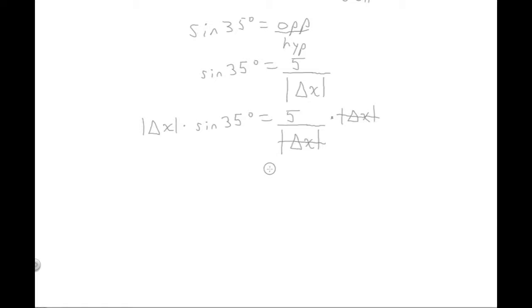And you can see that now we've accomplished our goal. We got rid of the denominator on the right-hand side. We got the delta x out of the denominator. And now, hopefully, this equation should be very easy for you to solve.